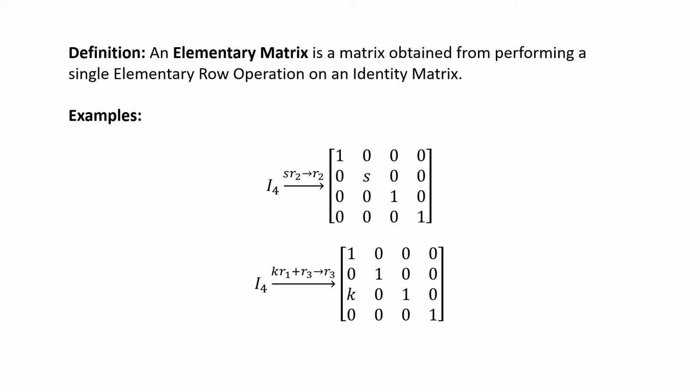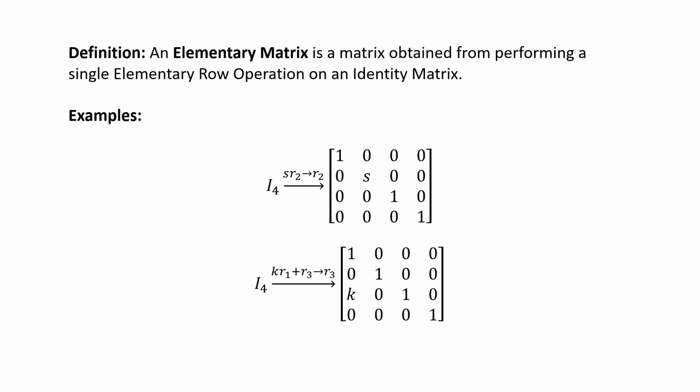Now we're going to go to something called an elementary matrix. We saw elementary row operations. So we had 3 things for elementary row operations where you can flip rows, you can multiply a row by a product, or you can add the product of a row to your row. Those were the 3 elementary row operations.